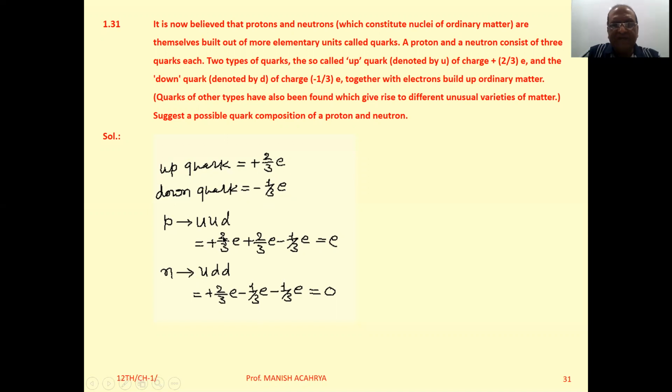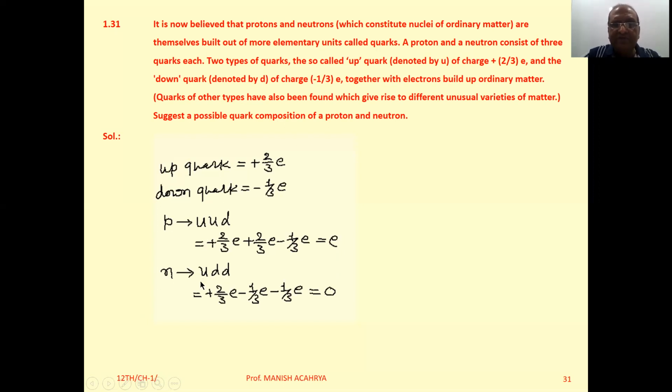For up, the charge is 2/3 e. For up, 2/3 e. Then for down, minus 1/3 e. If we take the summation of all these charges for this particular combination, then we will get the resultant e. Then for neutron, we can suggest U, D, D, meaning up, down, down.